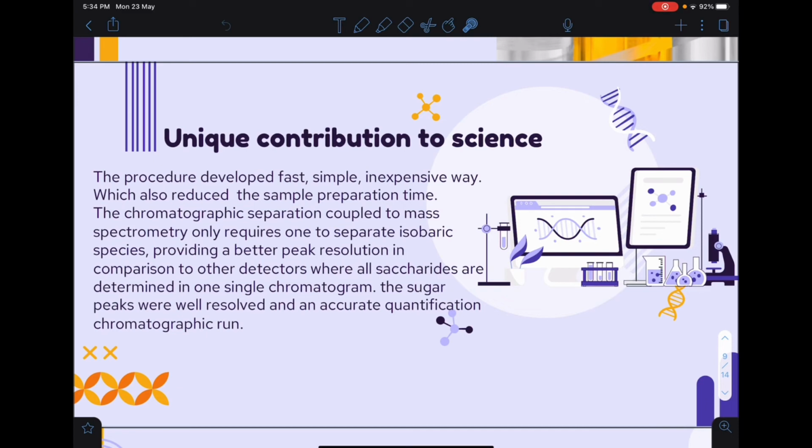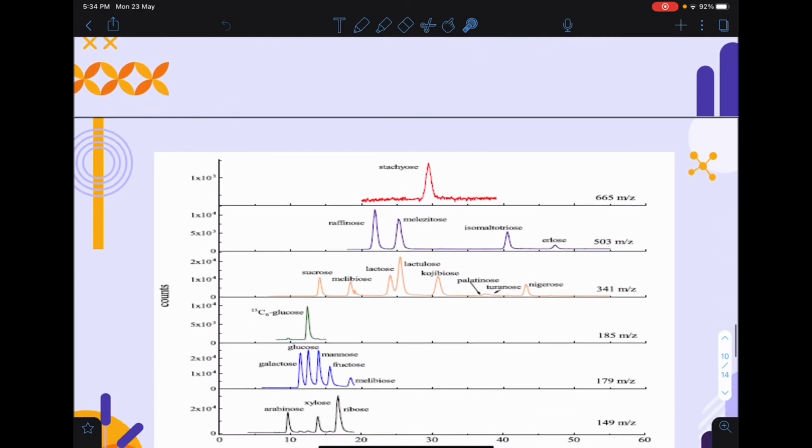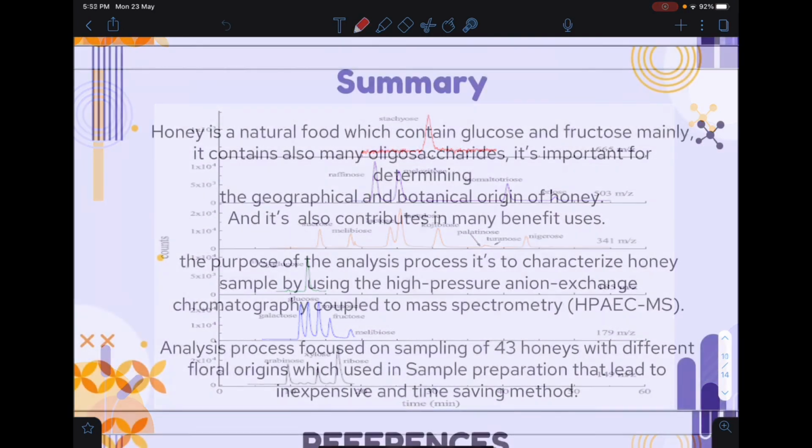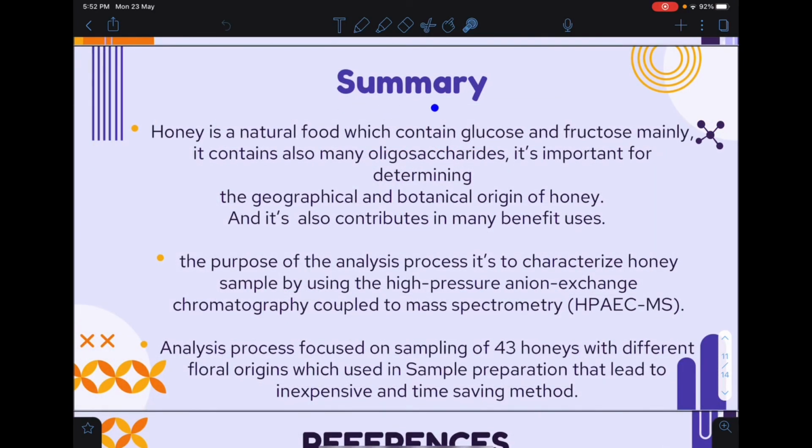The chromatographic separation coupled to the mass spectrometer only required one run to separate the isotopic species, providing a better peak resolution in comparison to other detectors, where all the saccharides are determined in one single chromatogram. The sugar peaks were all resolved, and an accurate quantification chromatographic run has been developed in this method. As we could see in this diagram, all the peaks are accurately measured and shown. I'm going to continue here talking about the summary.